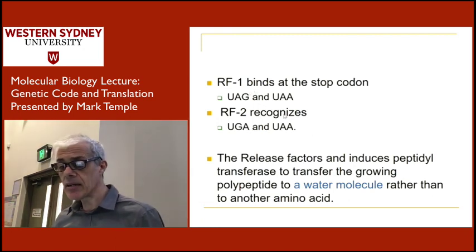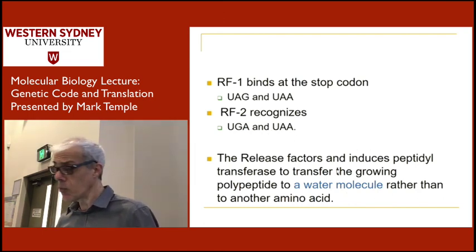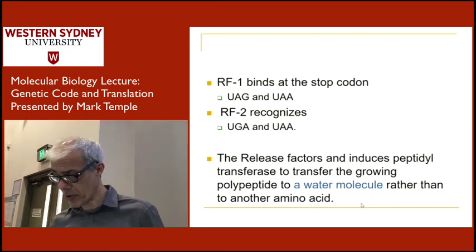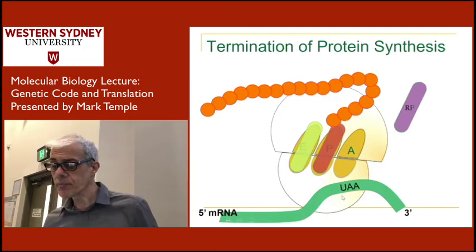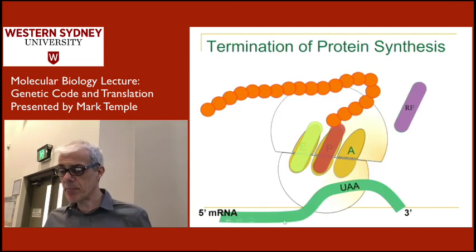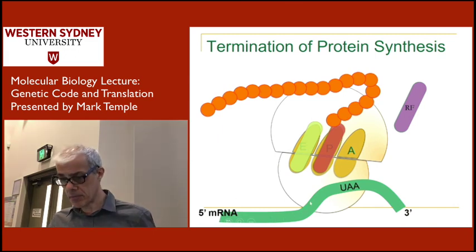Okay? And they come into the site where the peptide bond is forming, and rather than another amino acid being added to the growing chain, a water molecule is added to the growing chain. So effectively, you have the messenger RNA being read, and after a couple of hundred codons, you get to this stop codon.